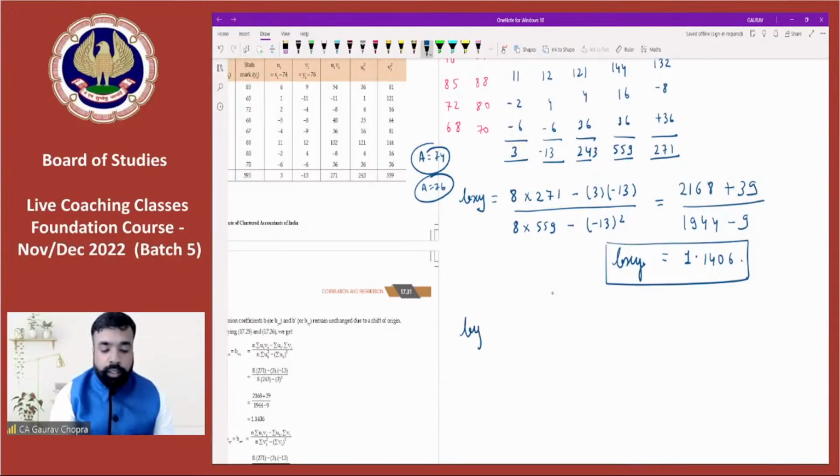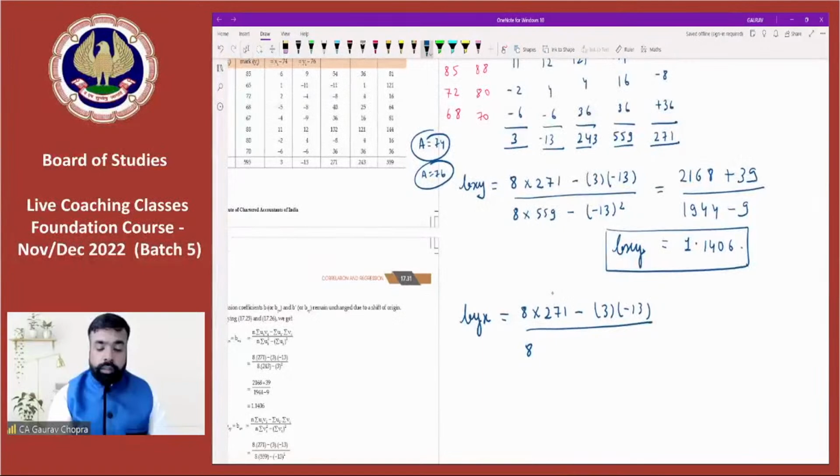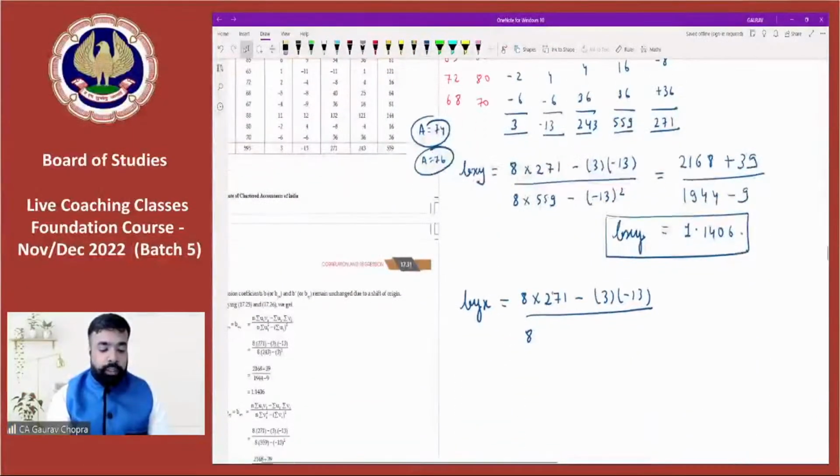Similarly, we can calculate byx. The numerator will be the same, no change. Only the change will be in the denominator. So this time we have to take sigma dx square, which is 243.